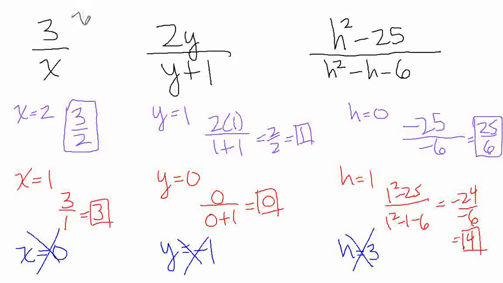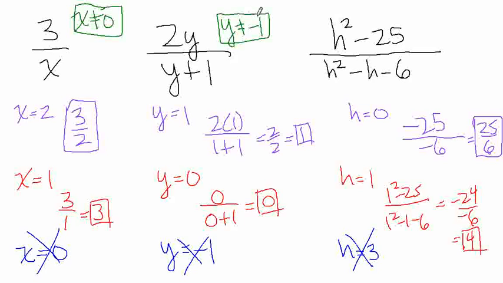So we would say x does not equal 0 is the domain. That's the set of all allowed values. What is the set of all allowed values for the second rational expression? Can you see that for that one, it's everything except minus 1? All right, so y does not equal minus 1.